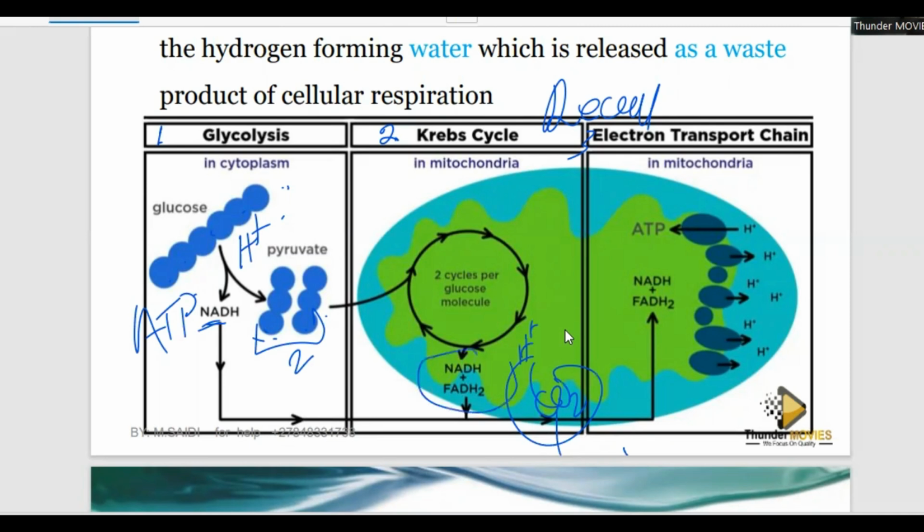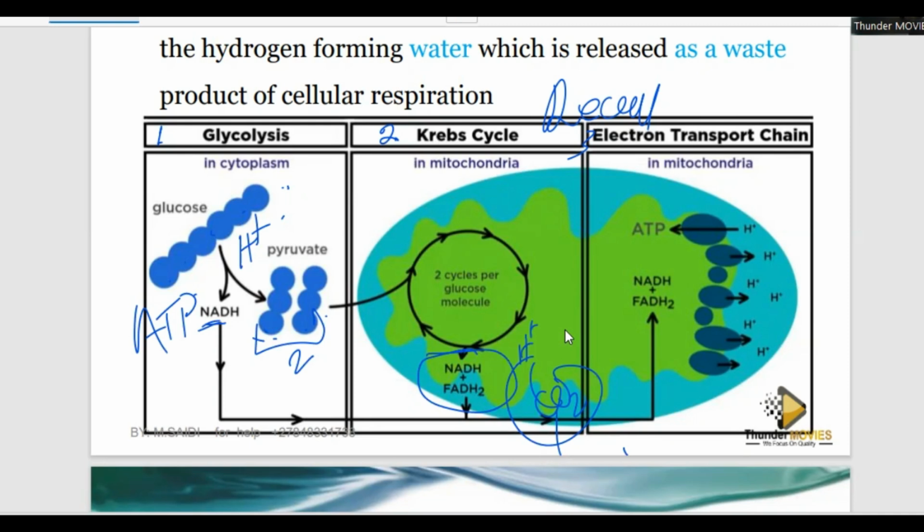These two hydrogen acceptors enter the oxidative phosphorylation, plus the NADH which we obtain from glycolysis, and now you form what you call oxidative phosphorylation. So number 3 is oxidative phosphorylation, obviously. What happens here is they undergo a chain of reactions whereby there is accepting and releasing of electrons.